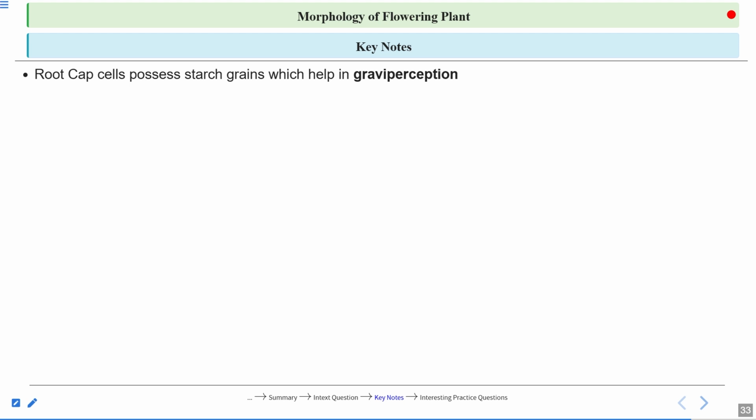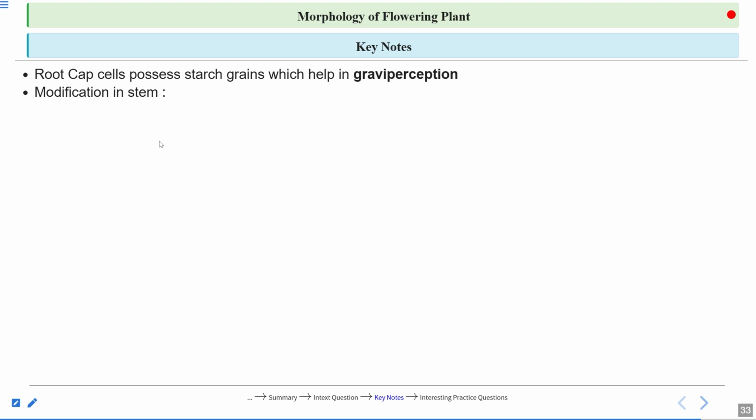So this statolith always moves downward and it helps the plant to grow downward. So that is gravity perception, that is, towards the gravity. Coralloid roots, like the pneumatophores, show negative geotropism. This coralloid root also moves upward, again showing negative geotropism. This is again one of the different modifications.